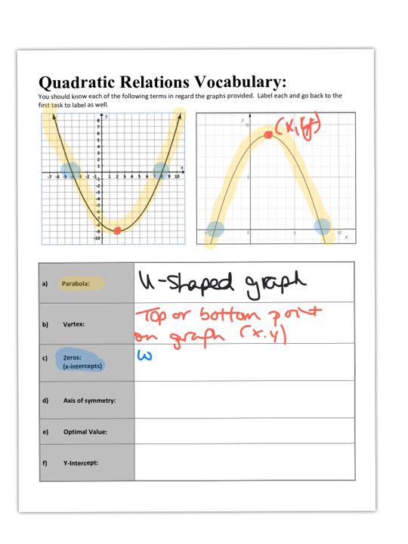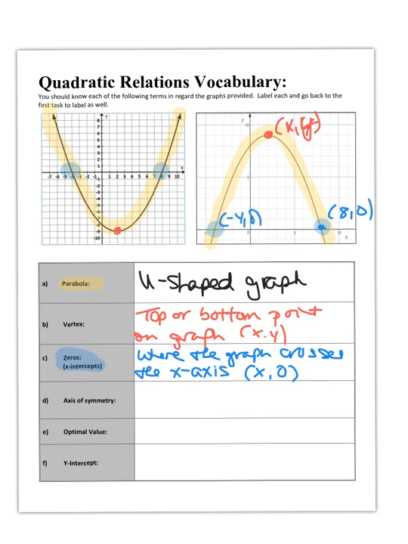It's where the graph crosses specifically the x-axis. So there's going to be a value for x and always 0 for the second number because it's right on the x-axis. Let me see, that one's going to be at 8 and 0. And over here is 1, 2, 3, 4, negative 4 and 0. So you can see it like that.